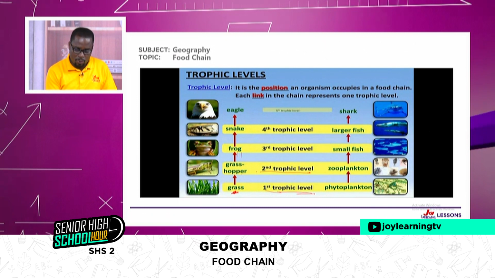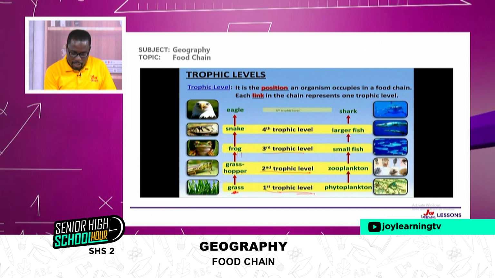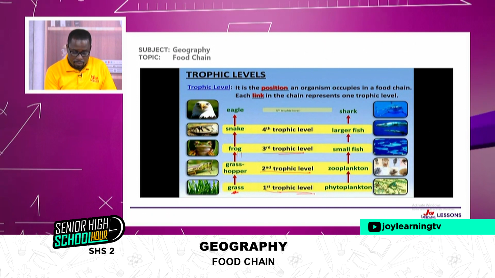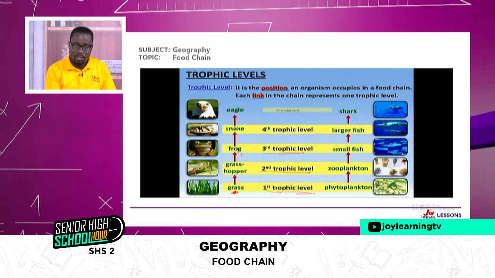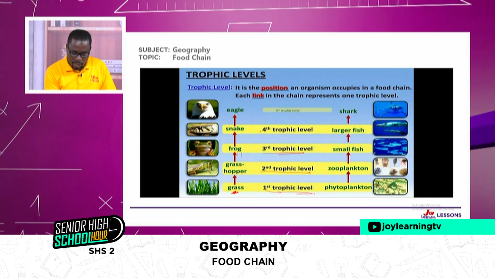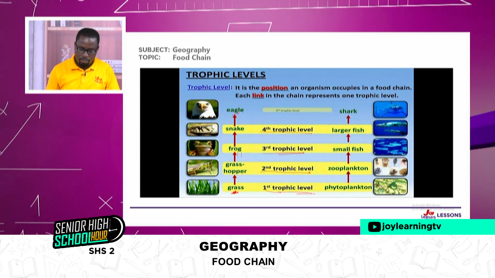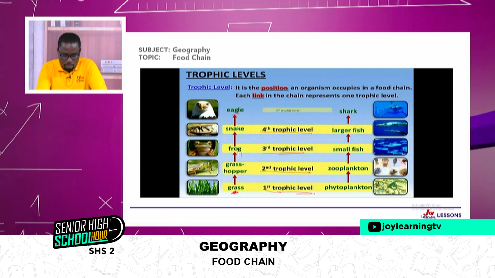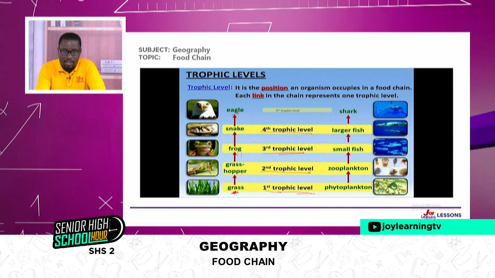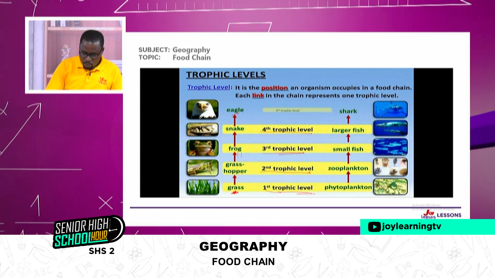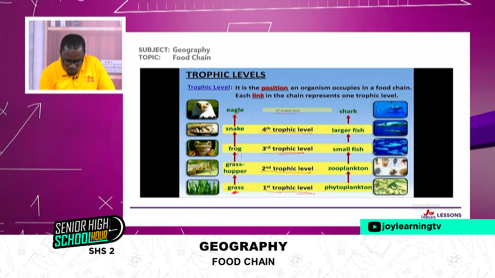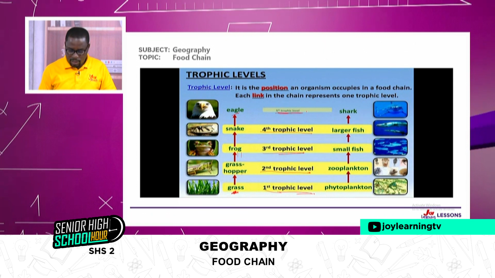This is also a good example. So the frog will be on the third trophic level. And then the snake, who also feeds on the frog, sort of extracts the poison. So the snake will be on the fourth trophic level. Then finally the eagle. The eagle can also kill the snake and feed on it. So the eagle is on the fifth trophic level. Is that okay?